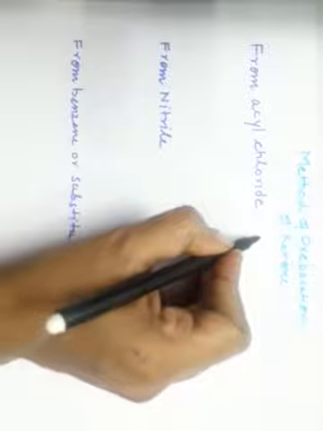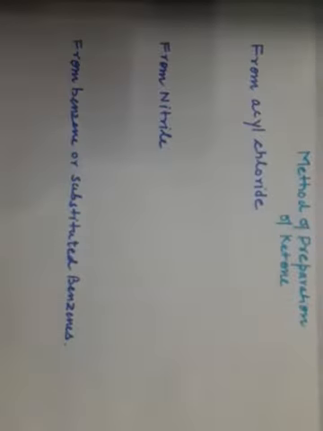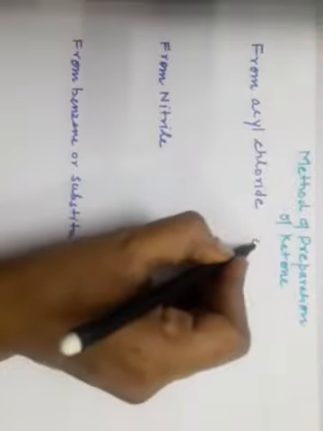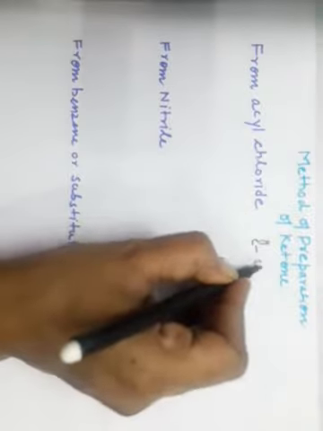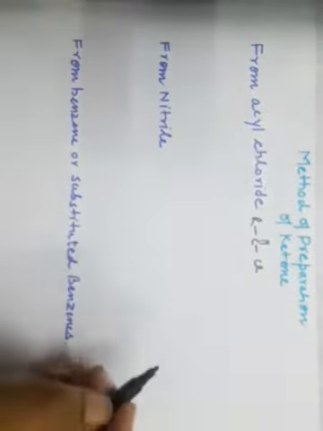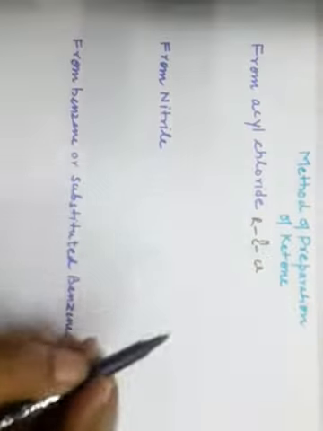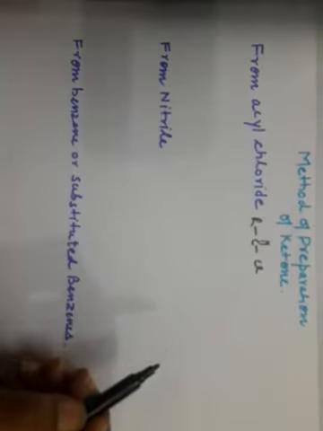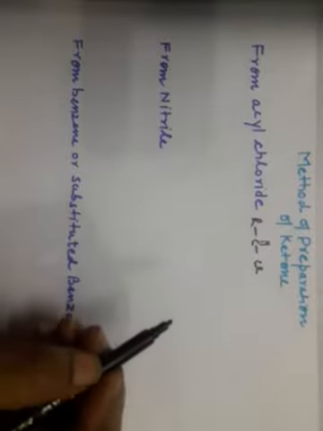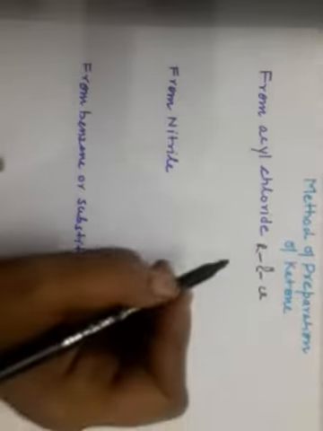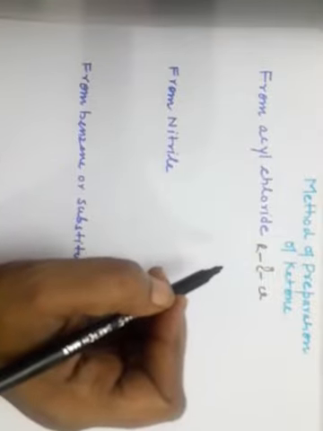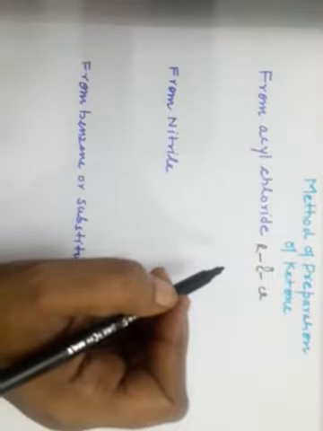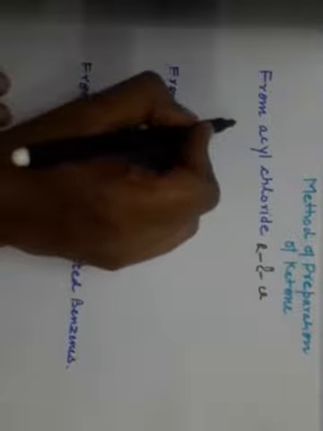See students, with acyl chloride, the functional group is COCl, that is called acyl chloride. For preparing a ketone we need dialkyl cadmium. So first of all, in the first step we prepare dialkyl cadmium with the help of Grignard reagent.